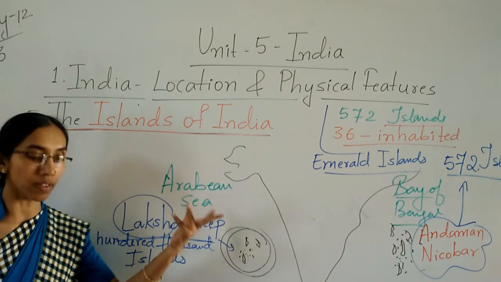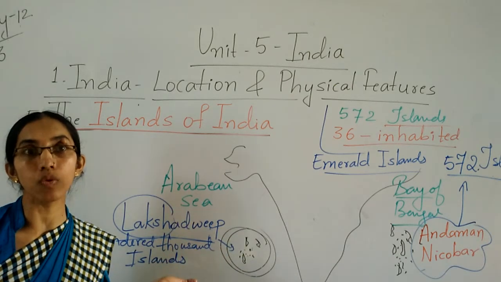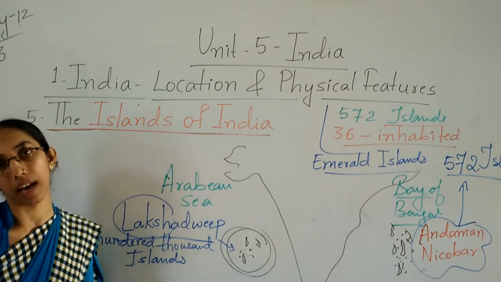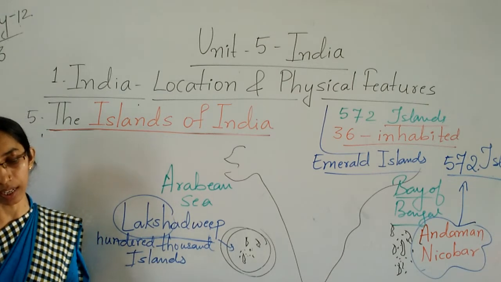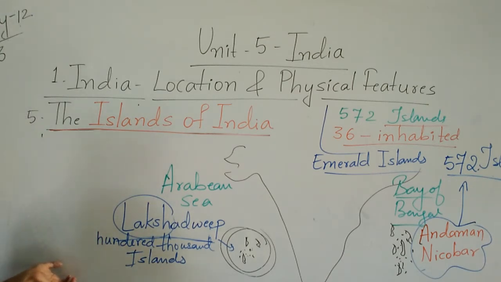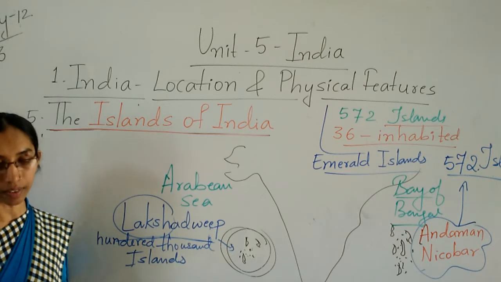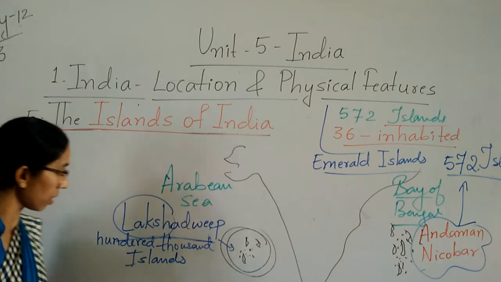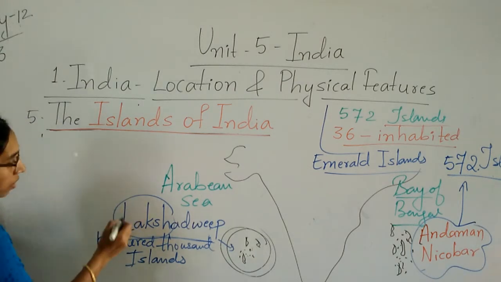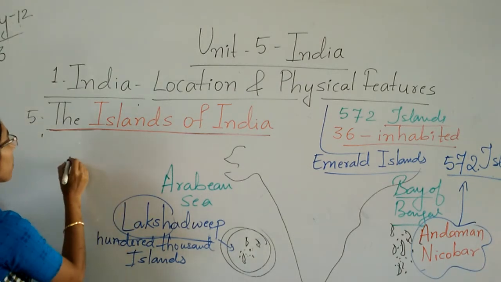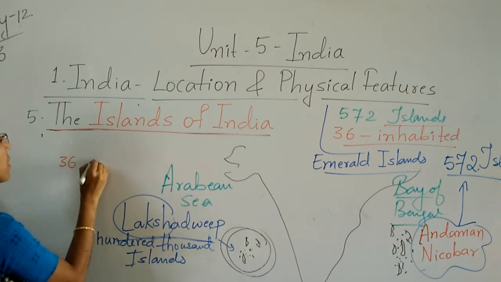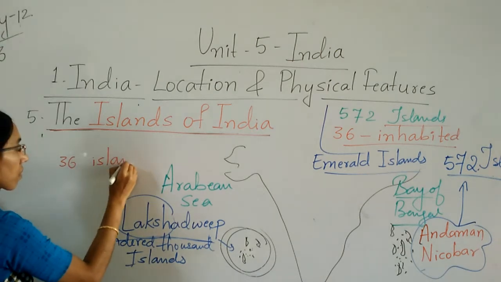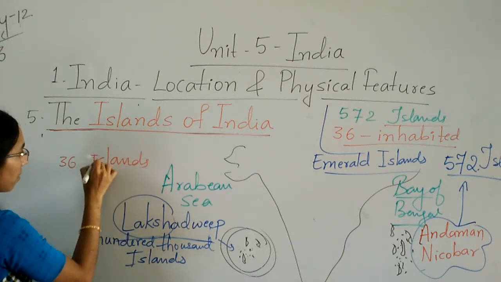Now see, the dots are too small, but there are thousands of islands there. Okay children. So here in the Lakshadweep group, there are only 36 islands.